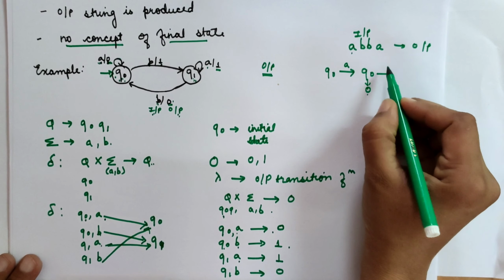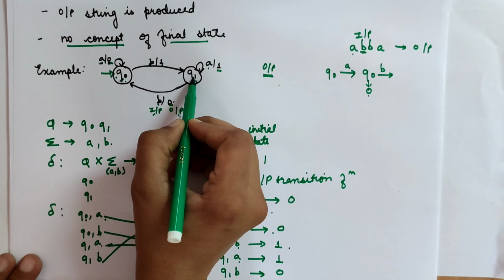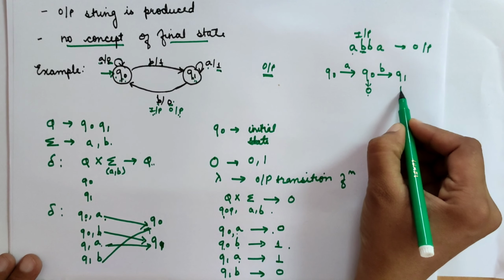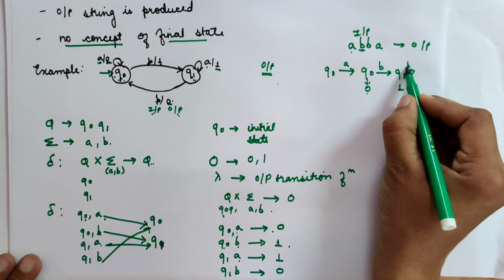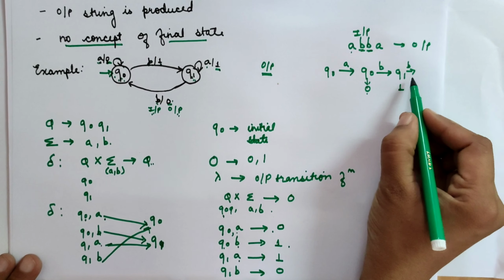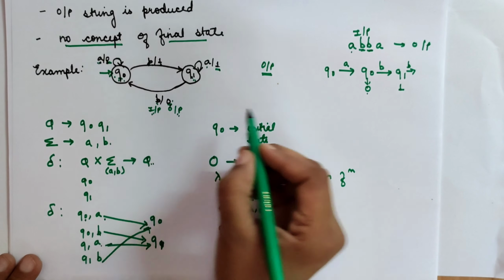Now next is your B. Q0 on B is going to Q1, put 1. Now next Q1 on input B, the third one. Q1 on input B is going to Q0 and producing the output 0.